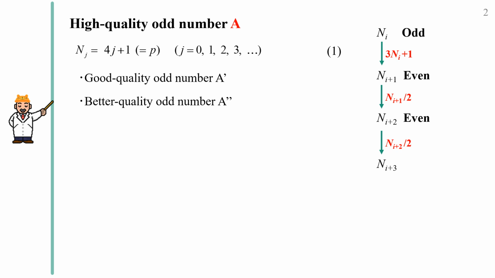The resulting value, n_(i+3), is either odd or even. If it is odd, it becomes either a high-quality odd number, A, or a low-quality odd number, B. Using n_i, the value n_(i+3) can be expressed as follows.